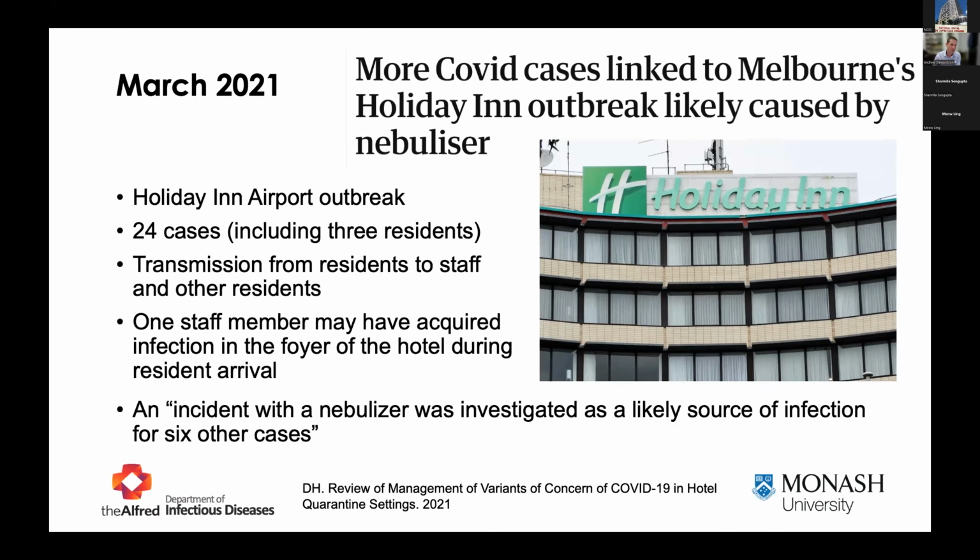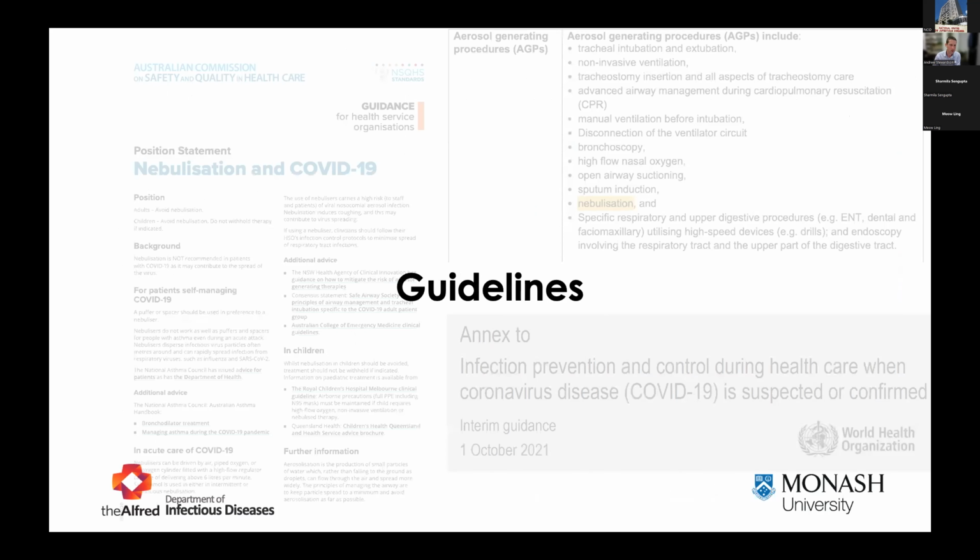One of those staff members may have acquired infection from direct contact, but the others were a bit unexplained, and there was a review that suggested that an incident with a nebulizer was investigated as a likely source of infection for 6 other cases. We don't have much more information other than that. So two anecdotes that were a little bit of a warning for us.